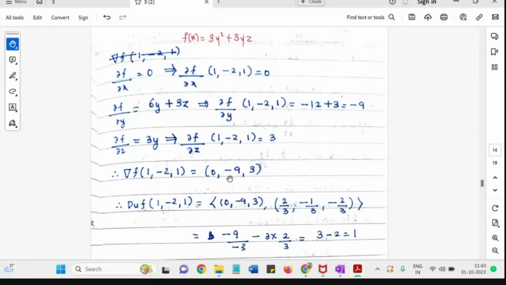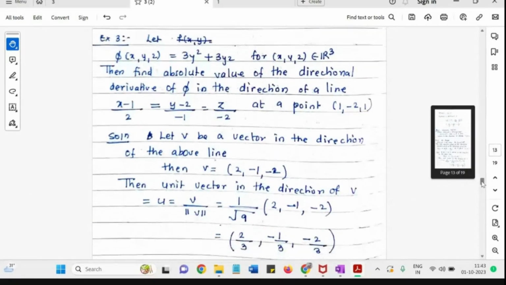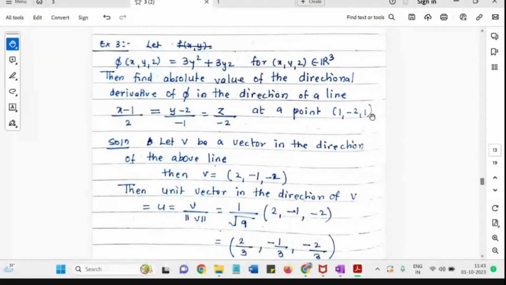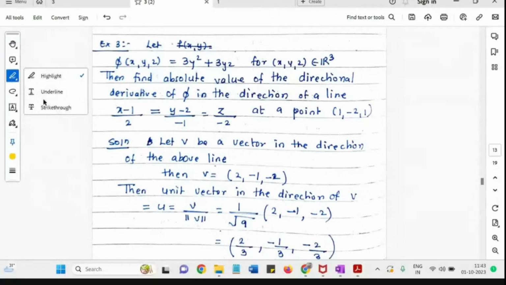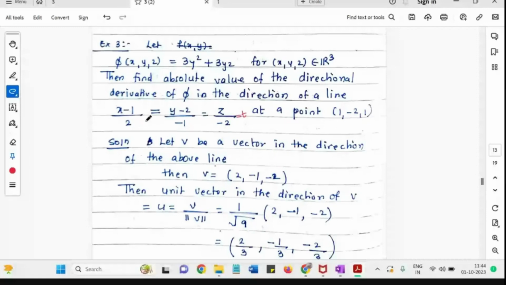The gradient is ready. Now coming to the unit vector in the direction of the line. When it is a line, you can have the parametric equation of this line. You can take this entire value as t and simplify, as I had done in the earlier case.